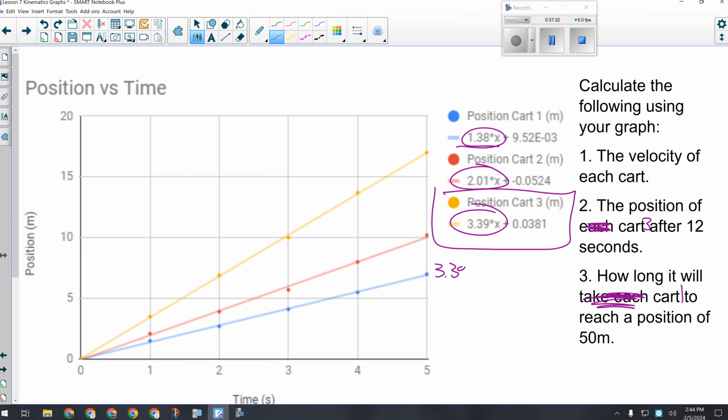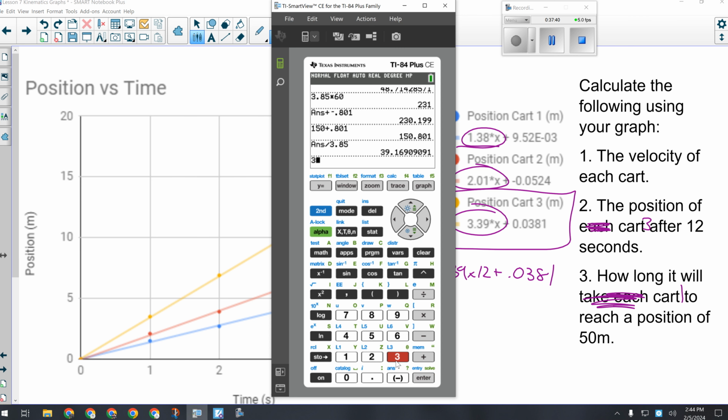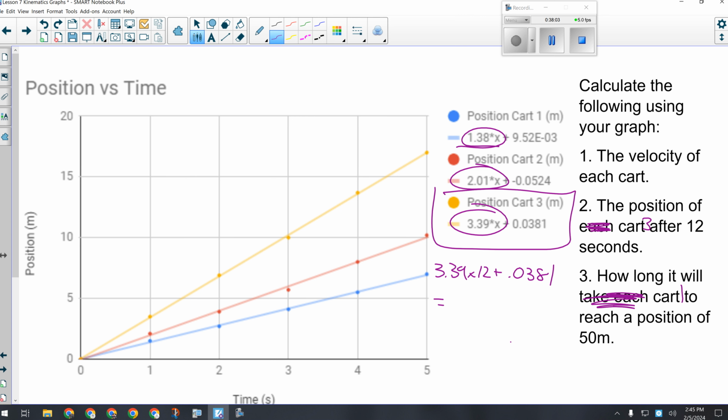Okay, so 3.39 times 12 plus 0.0381. All right, so we're looking at 41 meters, sorry. Positive 41 meters.